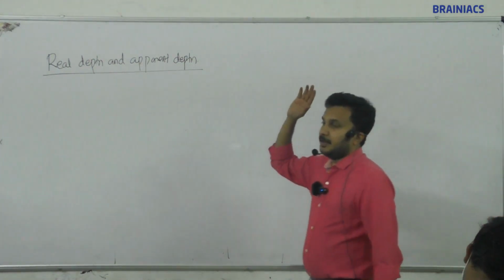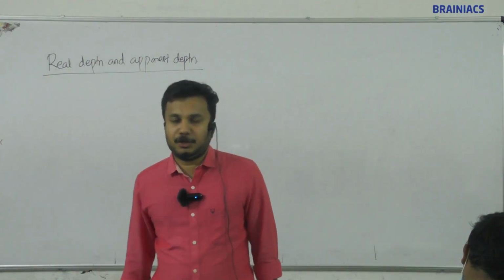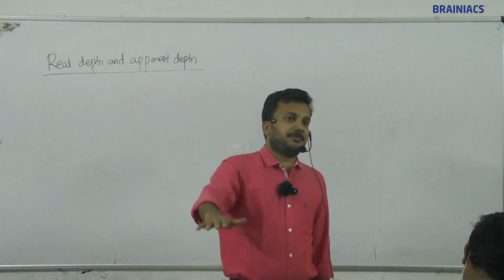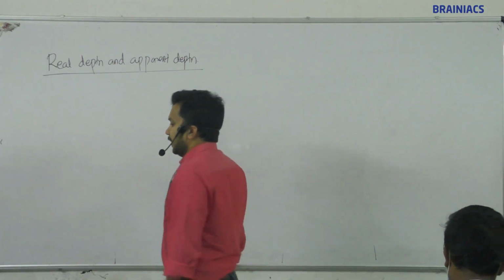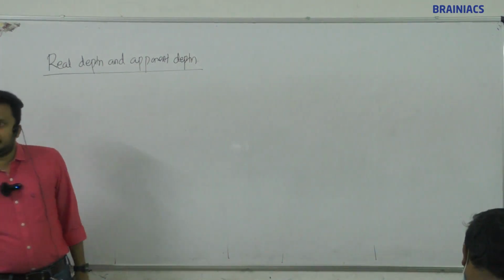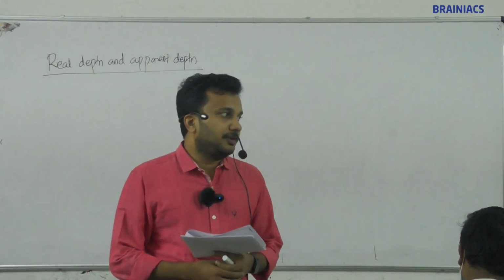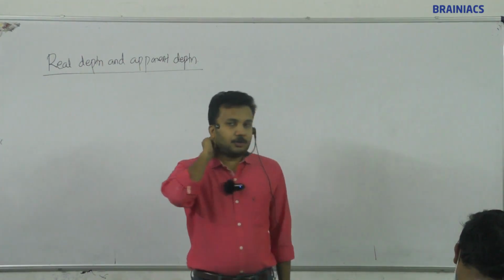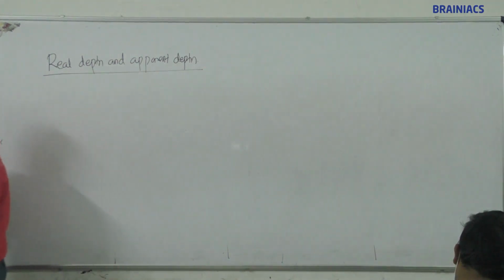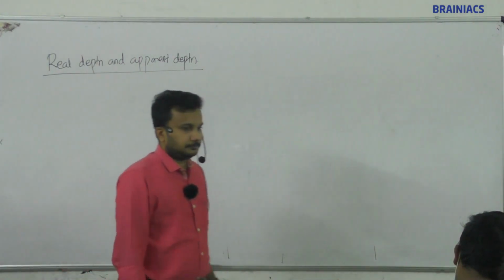The bird is at a height of 36 centimeter from the surface of water. And the fish is at a depth of 24 centimeter from the surface of the water. That's all.